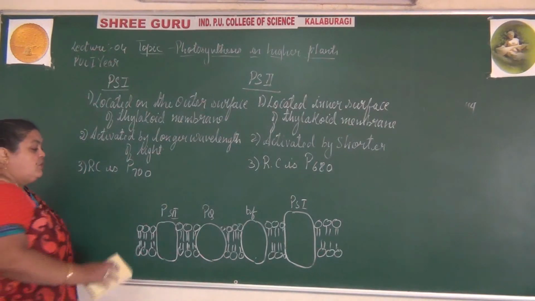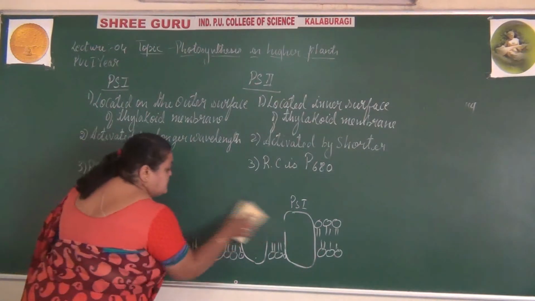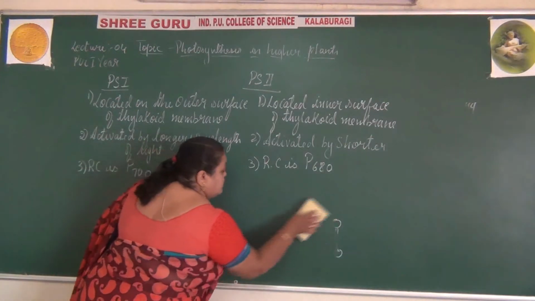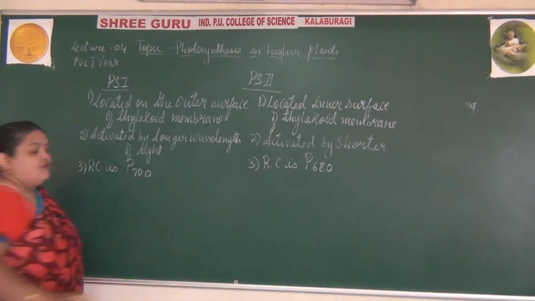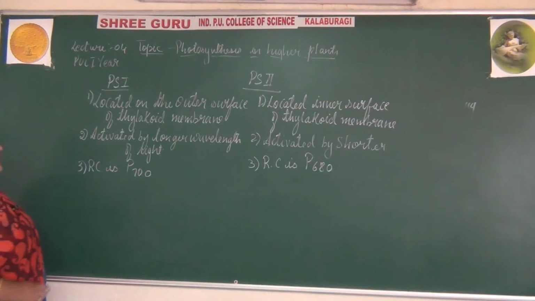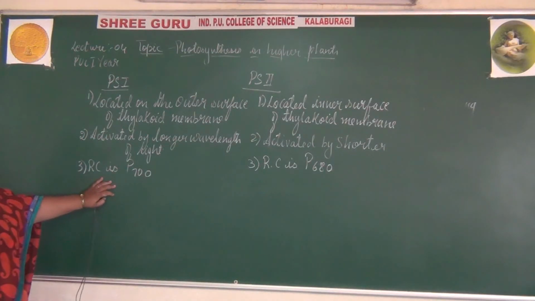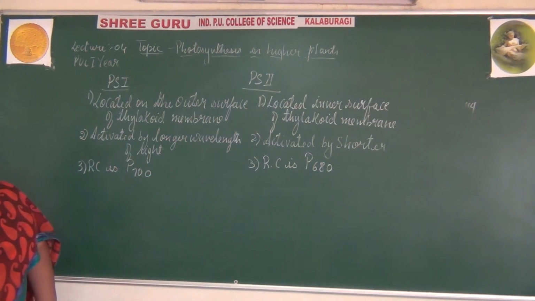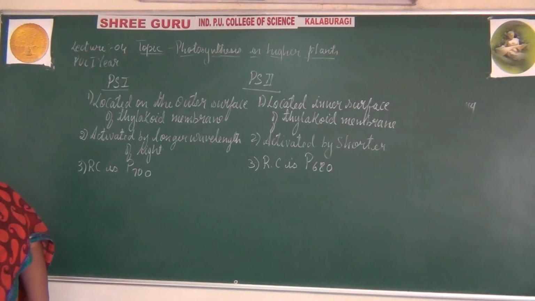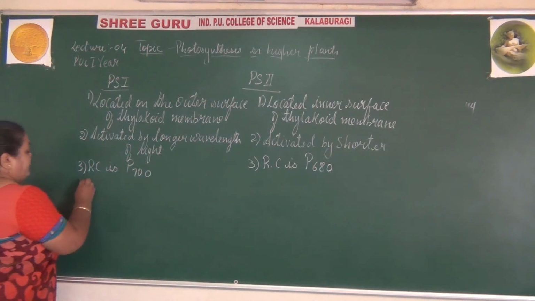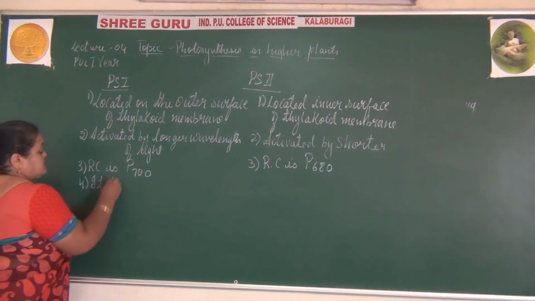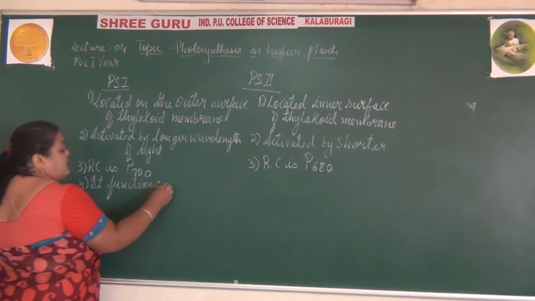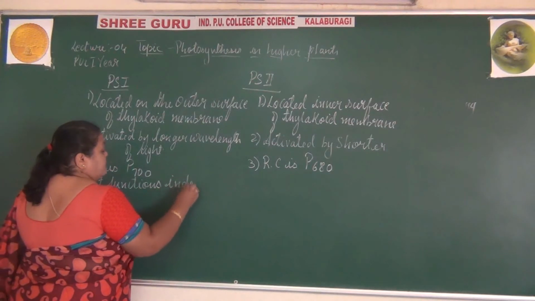So let us go with the other differences to find out the features of photosystems. Here the reaction center is P700, and in photosystem 2 the reaction center is P680. Photosystem 1 functions independently.